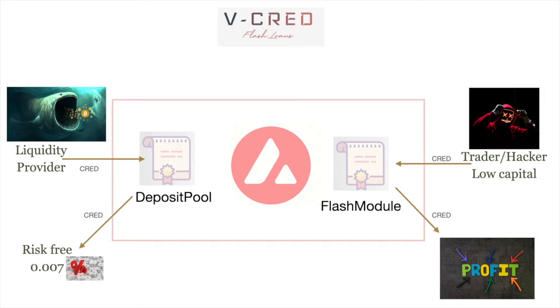At the end of the trade or transaction, assuming that the trader or hacker makes a profit, he withdraws the profit and pays back the fees. The liquidity provider earns 70% of the fees, for example 0.007%, which is essentially risk-free interest, because the loan is always repaid in one transaction, and this is the definition of risk-free interest.